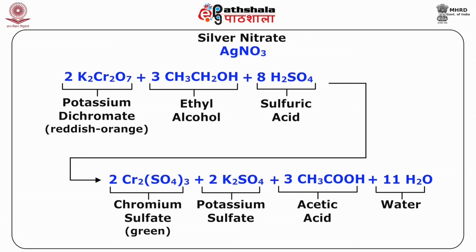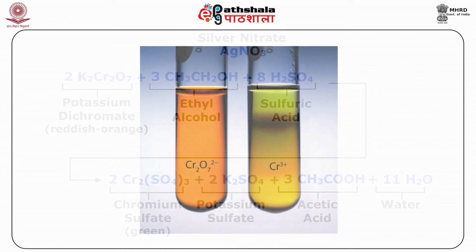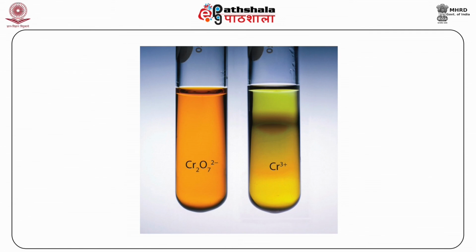AgNO3 catalyzes the rate of this reaction and does not undergo any change. Potassium dichromate is an orange compound which absorbs visible light in the wavelength region of 420 nanometers.